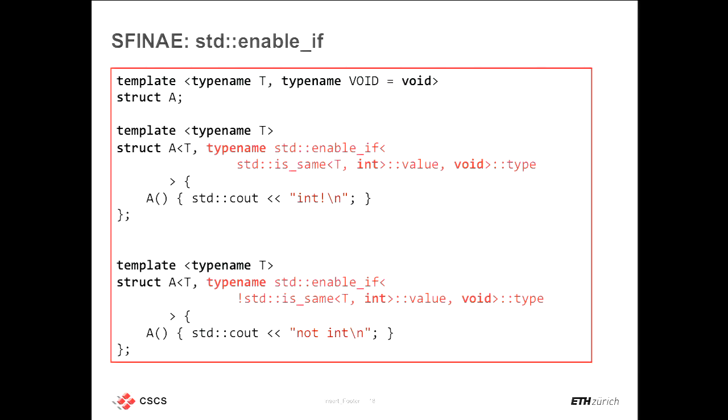Let's see what we have here. We have a class template. This is the primary template, which doesn't have an implementation. It's just a declaration, so this is technically incomplete.